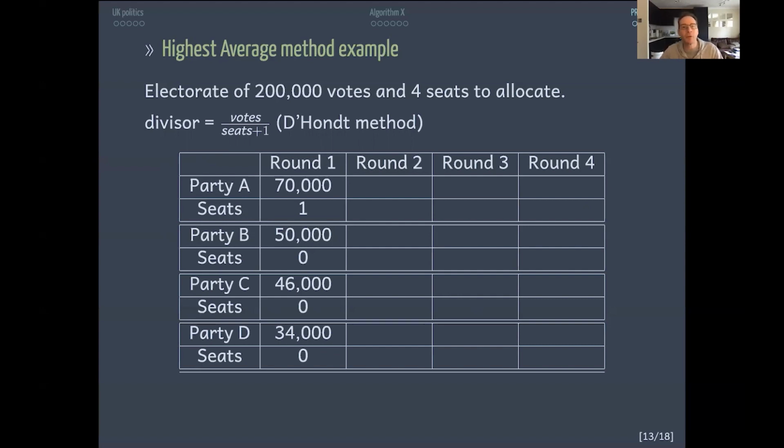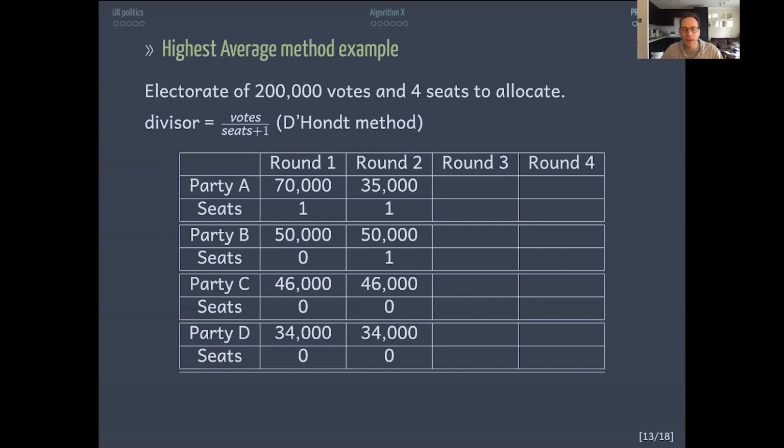Now for round 2, Party B, C, and D's vote counts remain the same, but Party A gets their votes divided by seats plus 1, which is 2. So we end up now with 35,000 votes. And now Party B has got the most votes because they've got 50,000.